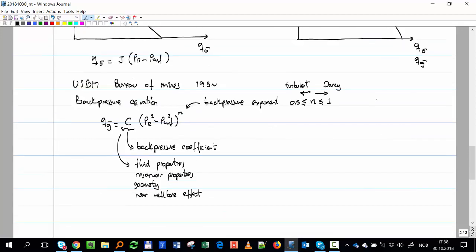One of the reasons is, if you see that equation and I apply log on both sides, I'm going to end up with log of QG equals log of C plus n times log of PR squared minus PWF squared. And it becomes a straight line.